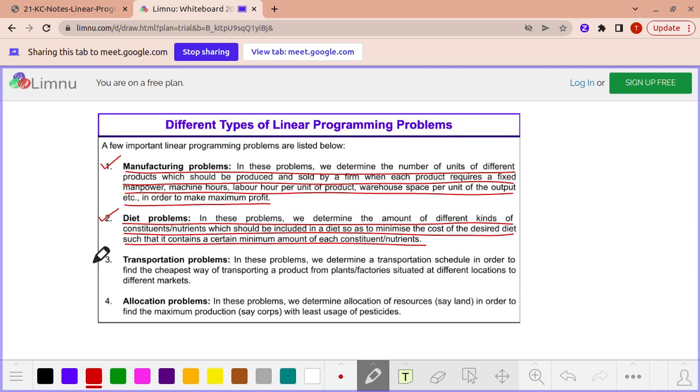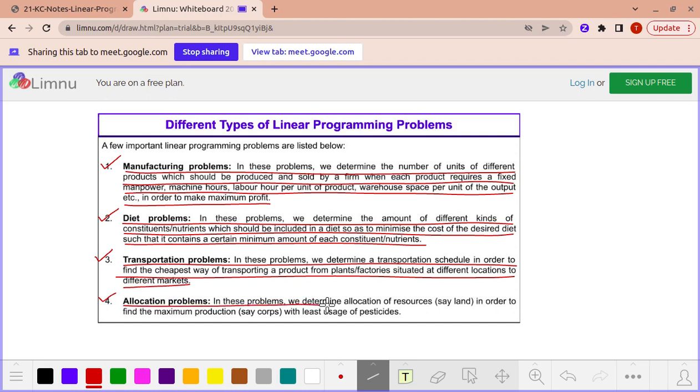Third one is the transportation problem. In the transportation problem we determine a transportation schedule in order to find the cheapest way of transporting a product from plants or factories situated at different locations to different markets. And finally, we will discuss the allocation problem.